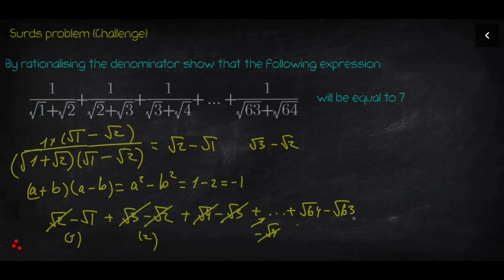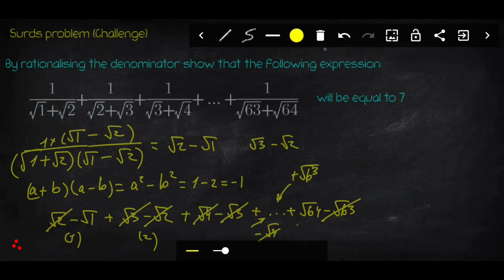Until you reach the final term, which is square root of 64 minus square root of 63, and as you understand, negative square root of 63 will be cancelled with the positive term that stays before, the previous term, and it's going to be positive square root of 63, okay? So that means it will be cancelled with this term, okay?